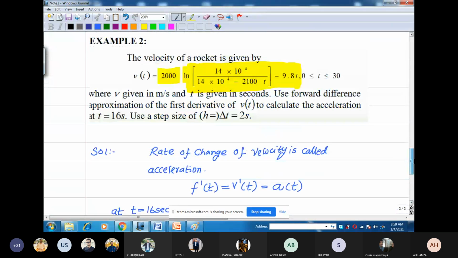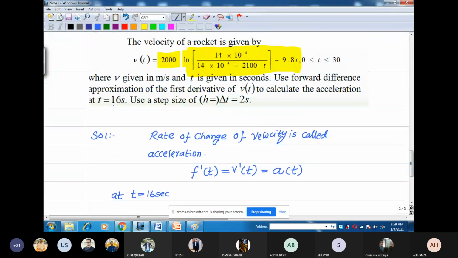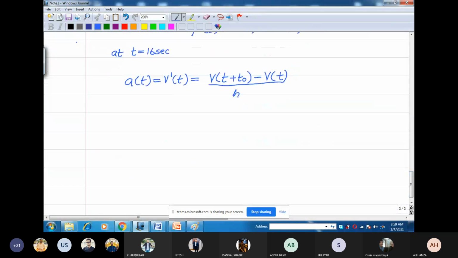Here t naught is 16 seconds, and step size is 2 seconds.